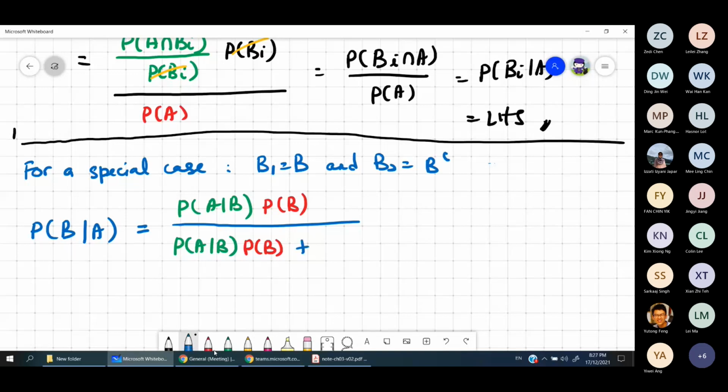This is supposed to be B1. The next one is supposed to be B2. So it would be P(A given the complement of B) times P(complement of B). So this is a special case, the simplest case, if we consider two partitions B and the complement of B. Then we have this formula over here.